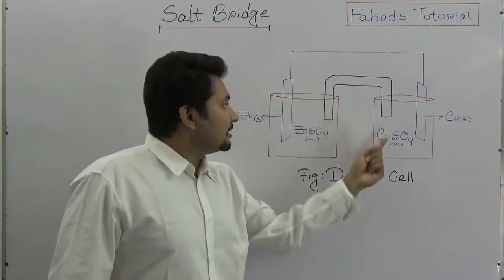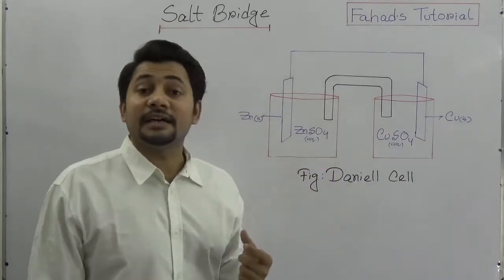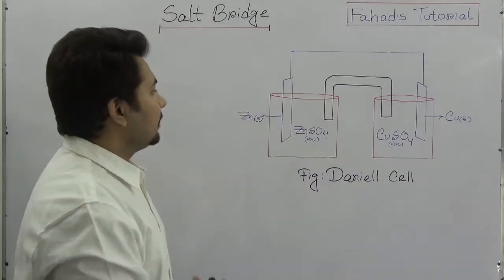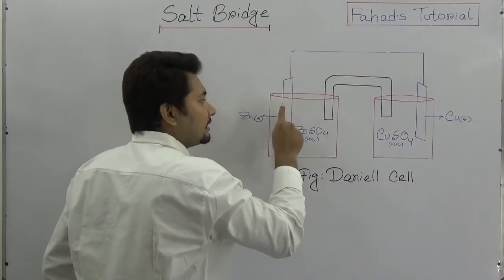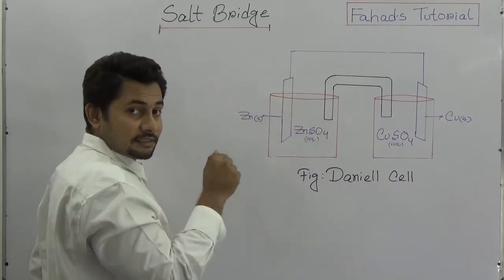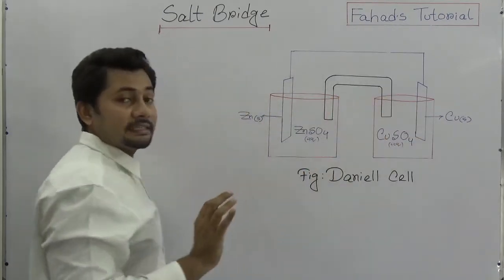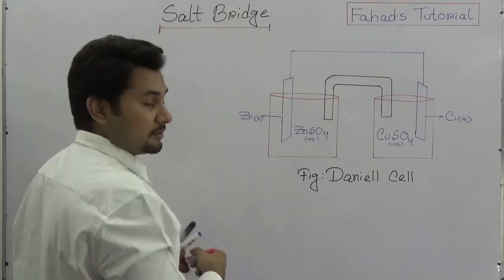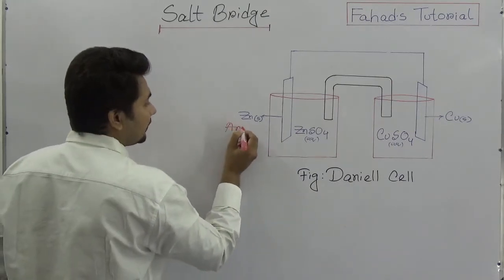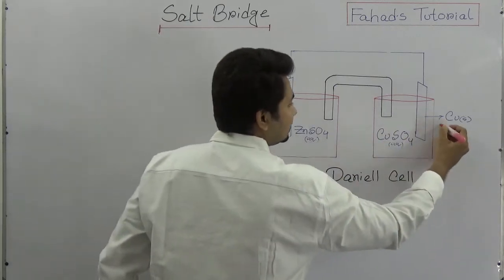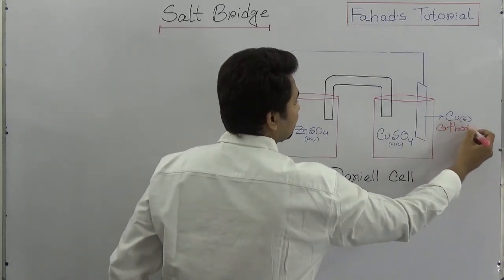The salt bridge is used in the galvanic cell. Why? You know that zinc is working as anode here and copper is working as cathode. So this is working as anode and this is working as cathode.